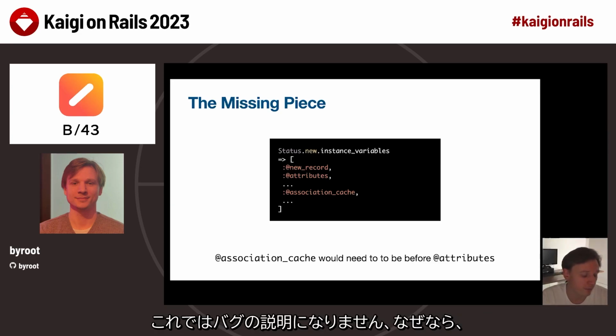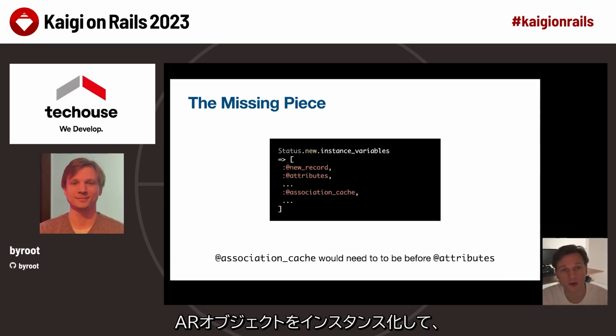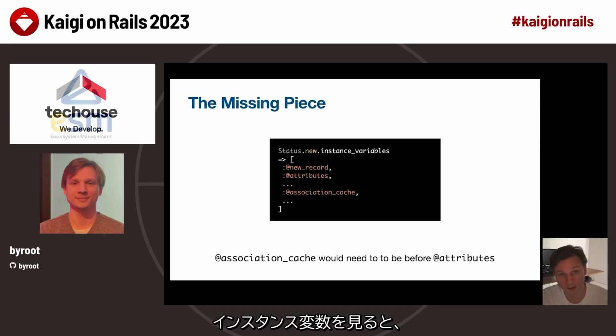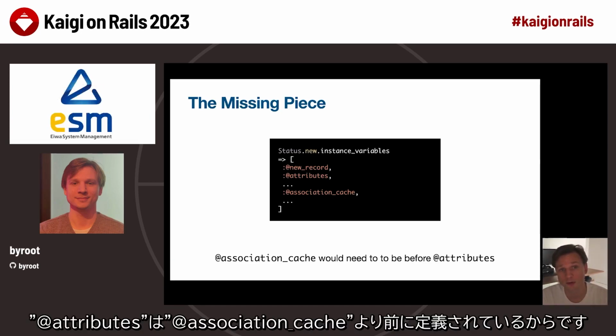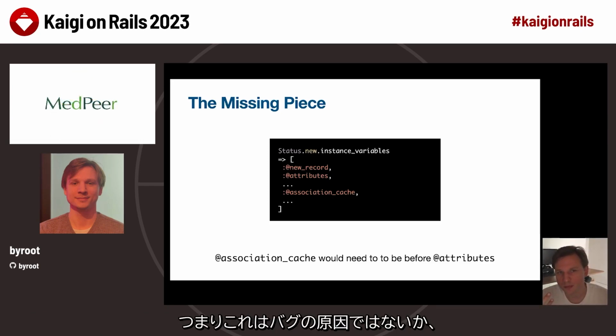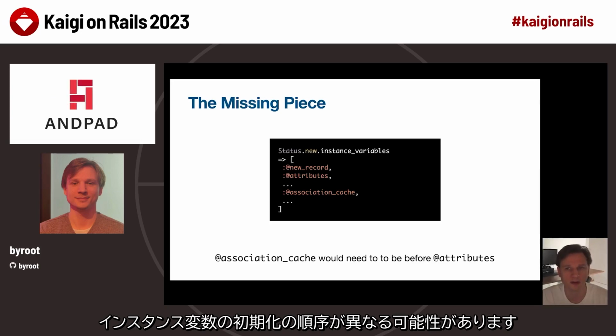And this couldn't explain my bug, because if you instantiate an Active Record and look at its instance variables, the attributes property is defined before the association cache. So either this wasn't it, or in some cases the order would be different.